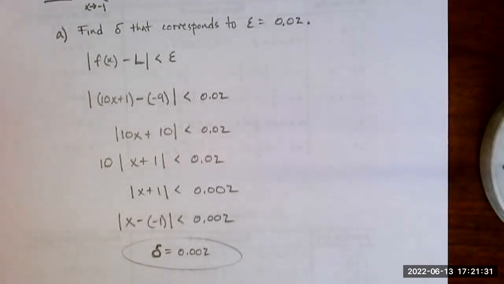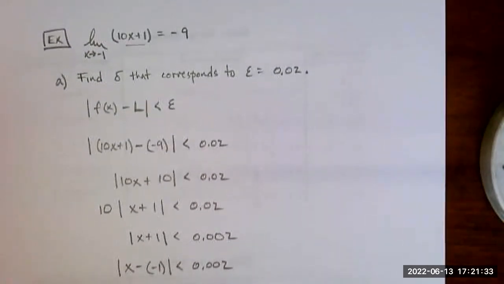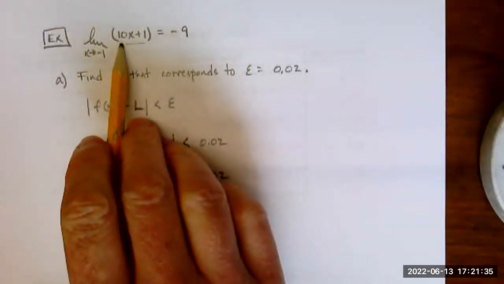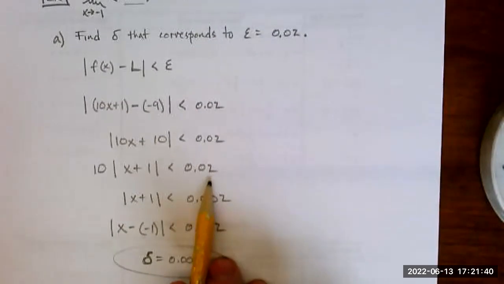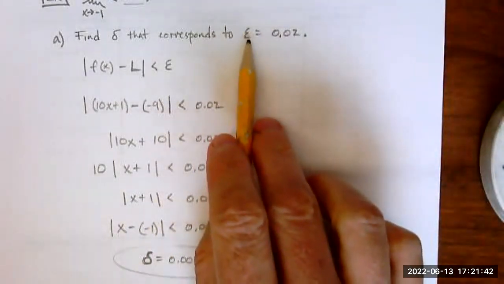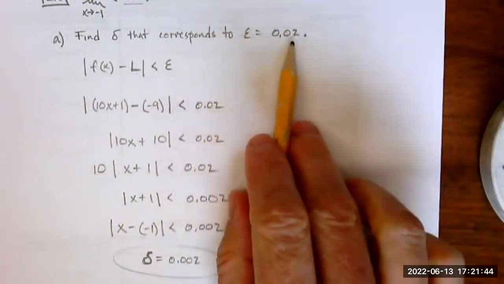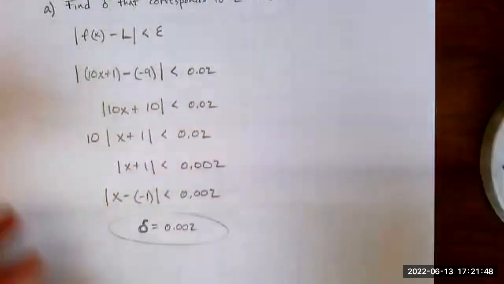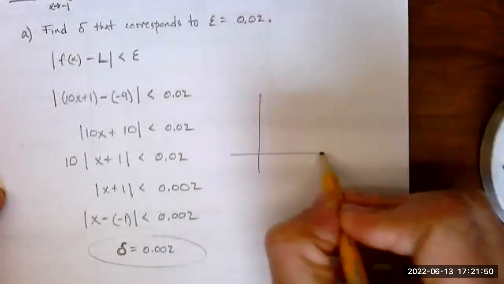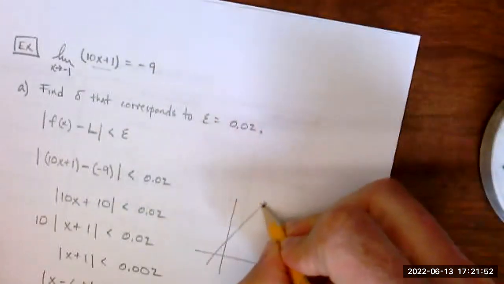Pretty cool. And we kind of see that theme, right? The slope was 10. So we know that if we make it 1/10 of epsilon, just the nature of that, here would be really steep.